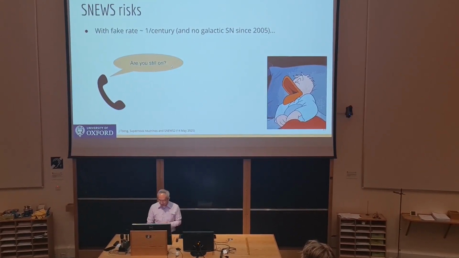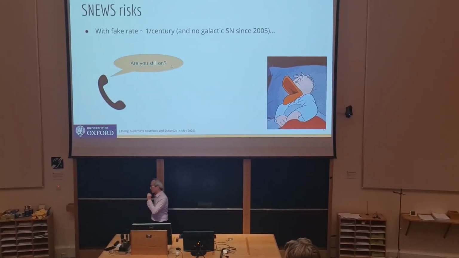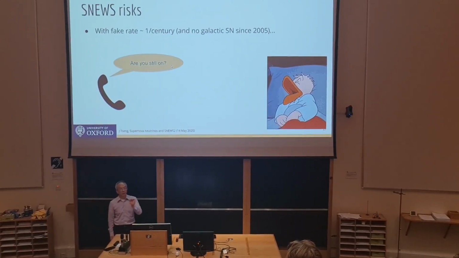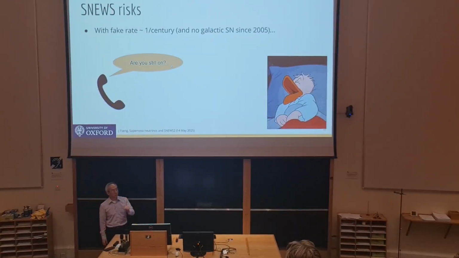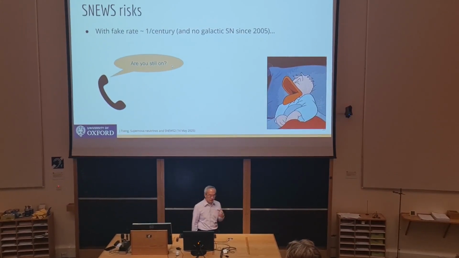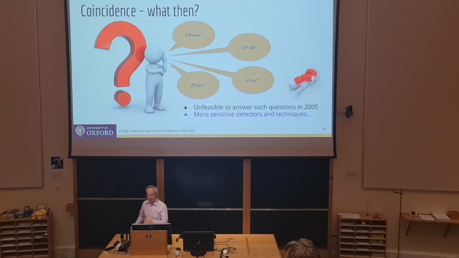But this is partly a consequence of the fact that when SNEWS first came up, astrophysicists told the particle physicists, if you ever give us a false alarm, we're never going to believe you again. This is one of the consequences of that. Now, fortunately, astrophysicists have learned about statistics since then. People have realized that having a higher fake rate is actually useful.